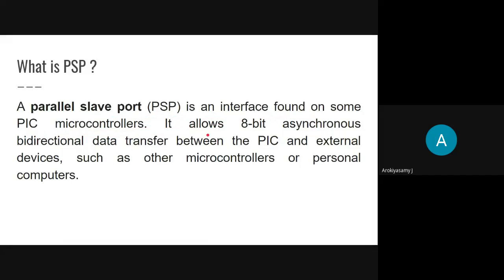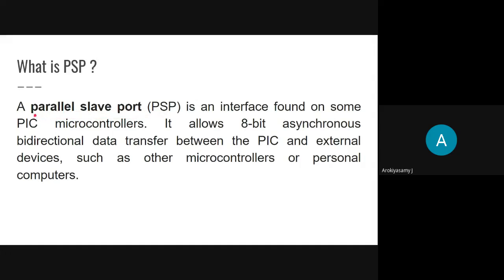It allows 8-bit asynchronous bidirectional data transfer between the PIC microcontroller and external devices, such as other microcontrollers or personal computers, PCs. So this connection is possible with the help of the parallel slave port.